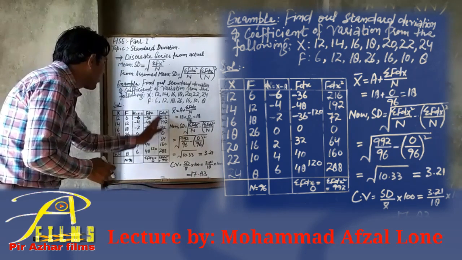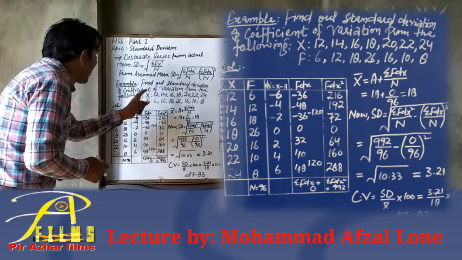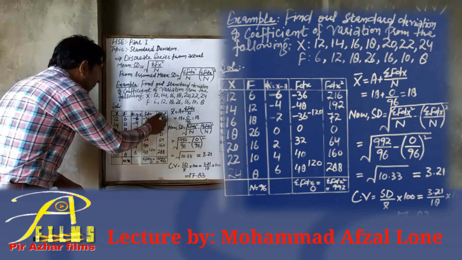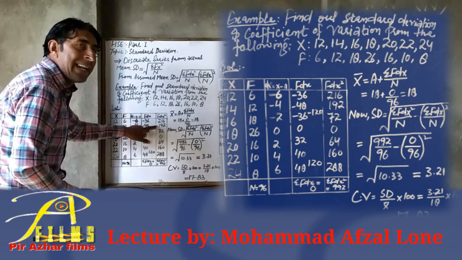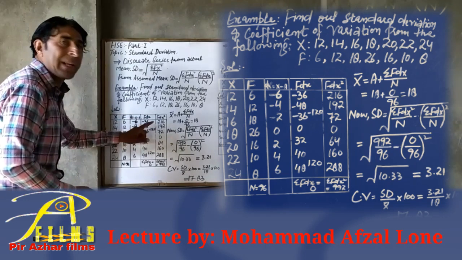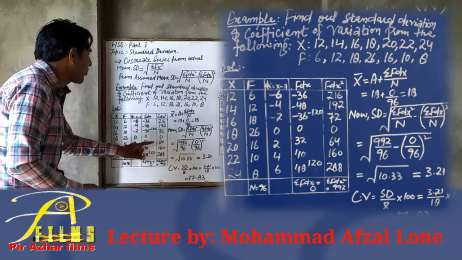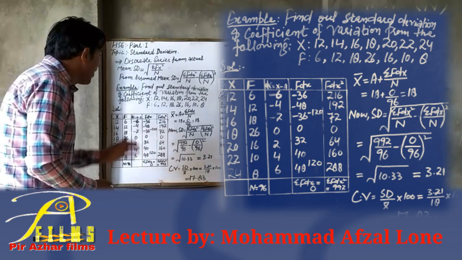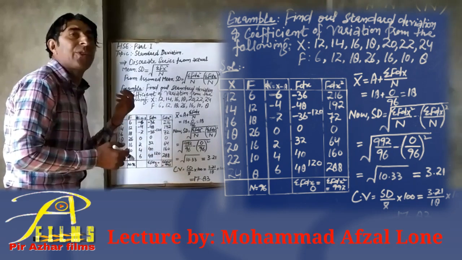This is f dx square. Multiplying dx with f dx, we get f dx square. Now add up these values of f dx square: 216 plus 192 plus 72 plus 0 plus 64 plus 160 plus 288. This is equal to summation of f dx square, which is 992.